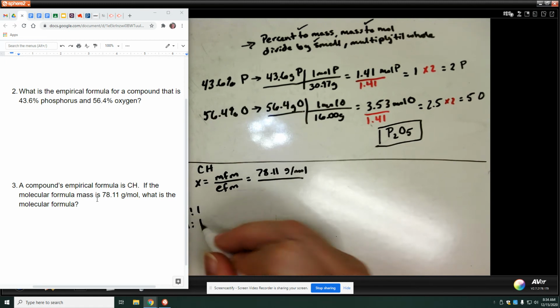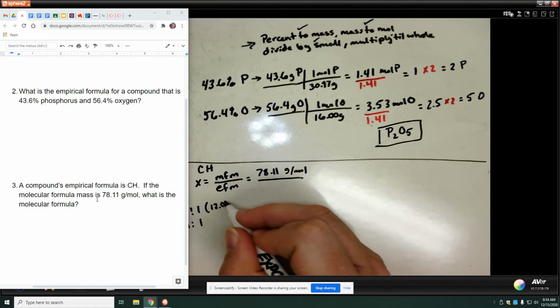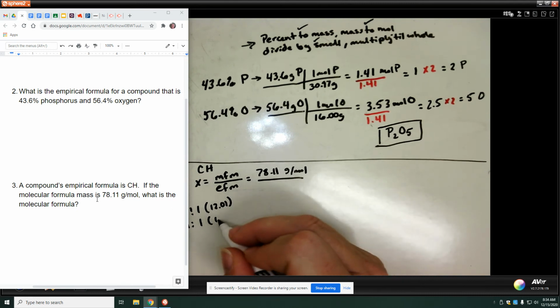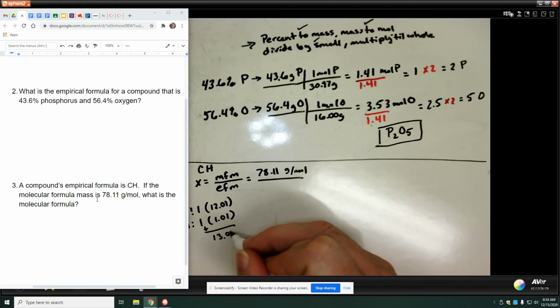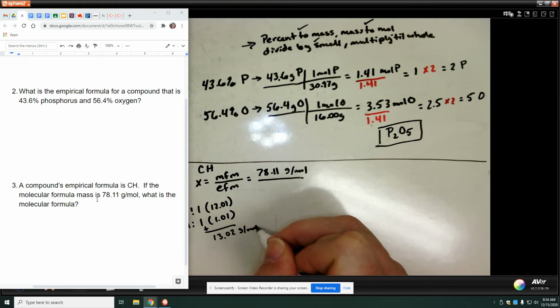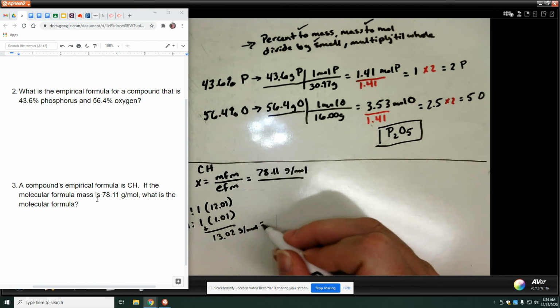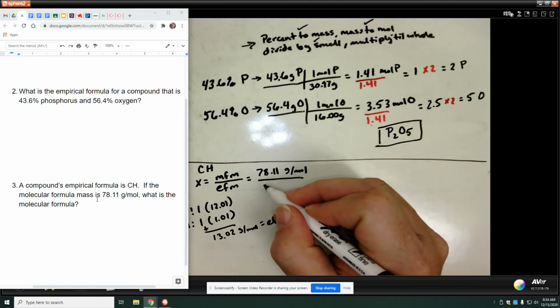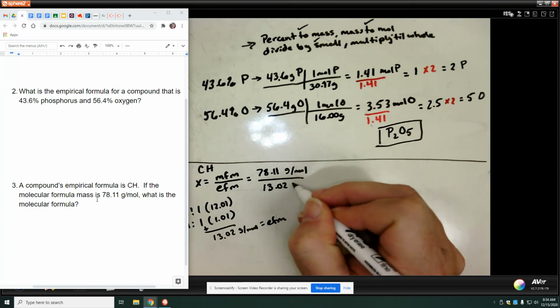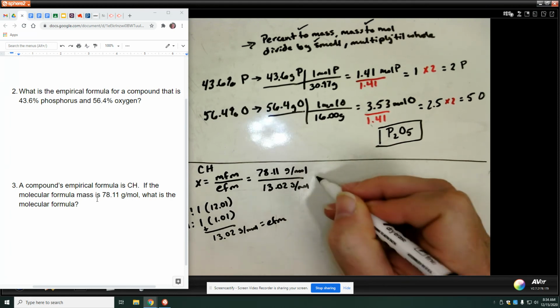I have 1 C and 1 H. Carbon from the periodic table is 12.01, and hydrogen's 1.01. If I add those together, I get 13.02 grams per mole, the molar mass of my empirical formula. So I'm going to put that up here.